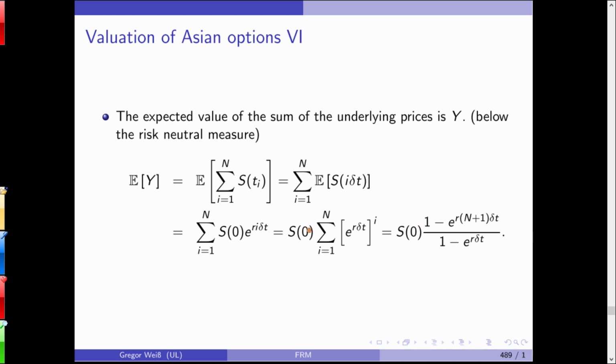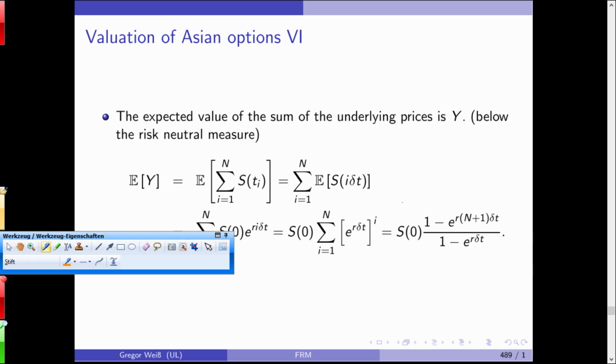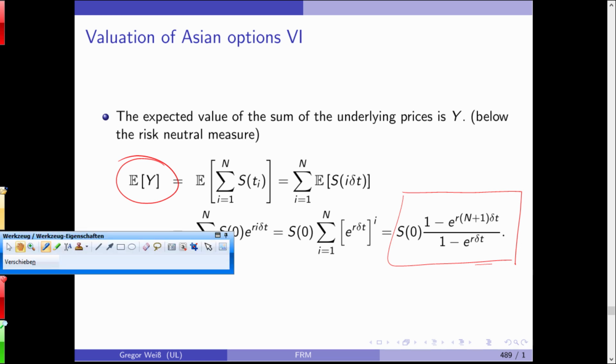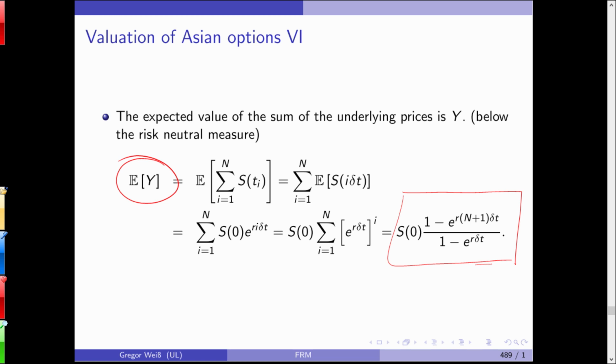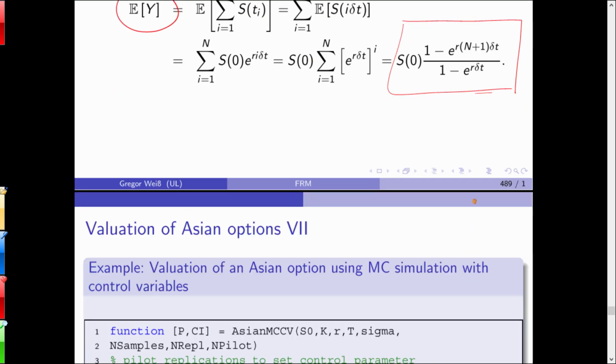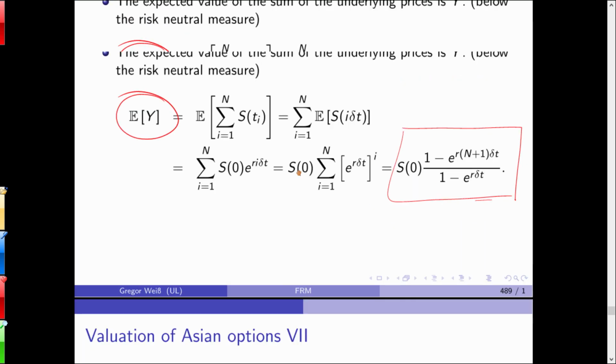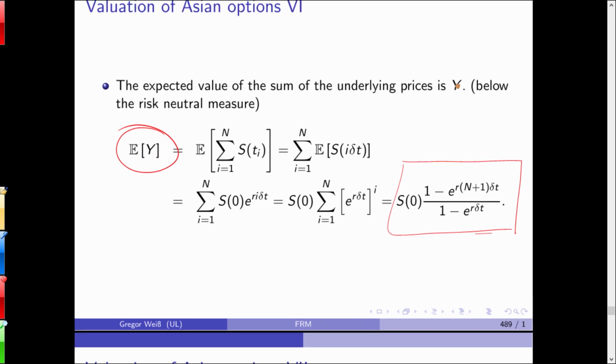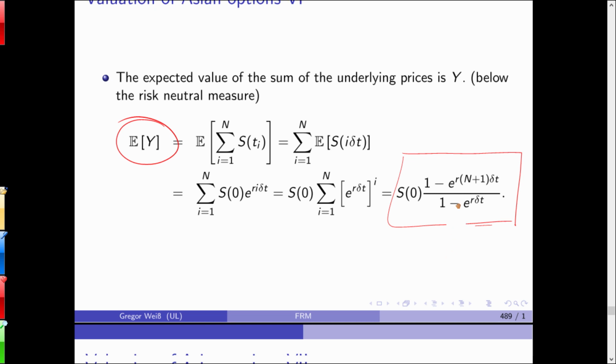You can get this result here, that actually you know the expected value of y, which is just the starting point S0 times this expression here. And then you include this in your Monte Carlo simulation to reduce the variation. So remember that this is the expected value of y, and y is defined as the average stock price, the sum of all stock prices.